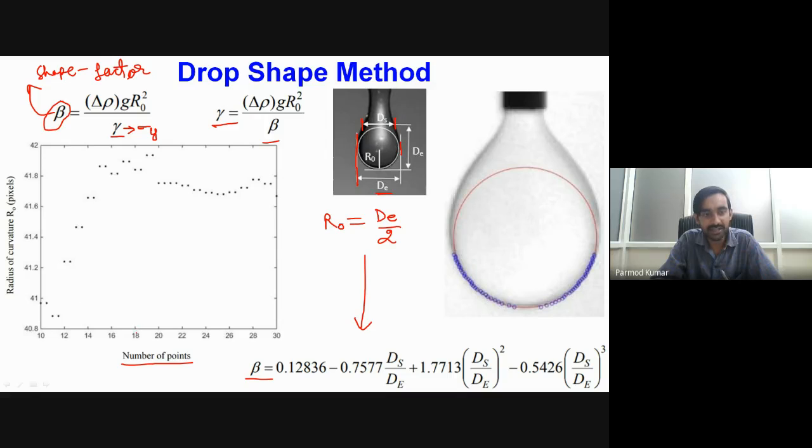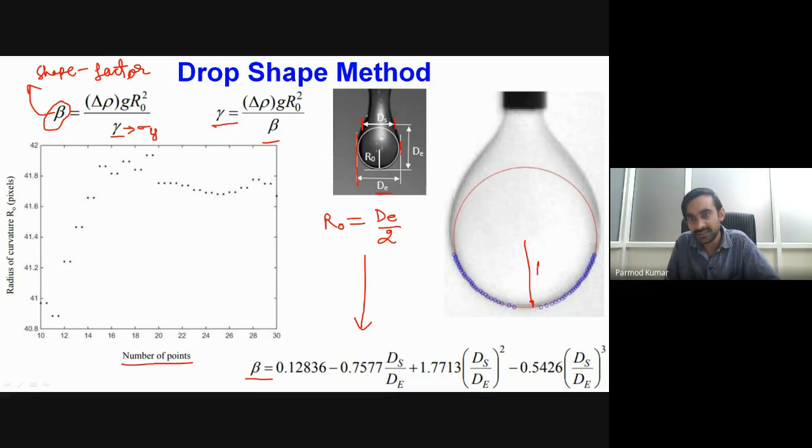Once you reach a sufficient number of points, the radius becomes almost constant irrespective of the number of points you increase to fit the curve. Depending on that, you can determine the optimum number of points required to fit this curve.